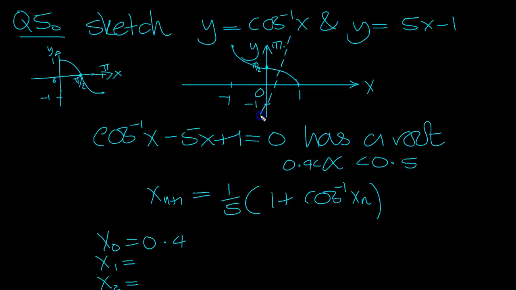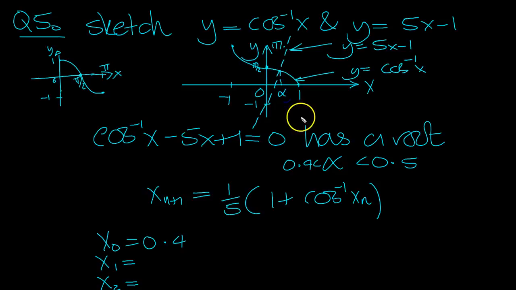And there's the line for 5x minus 1. So that's y equals cosine to the -1 of x. This one is y equals 5x minus 1. And this point here is the value of alpha. And it says that this has a value of alpha between 0.4 and 0.5, which looks about right.